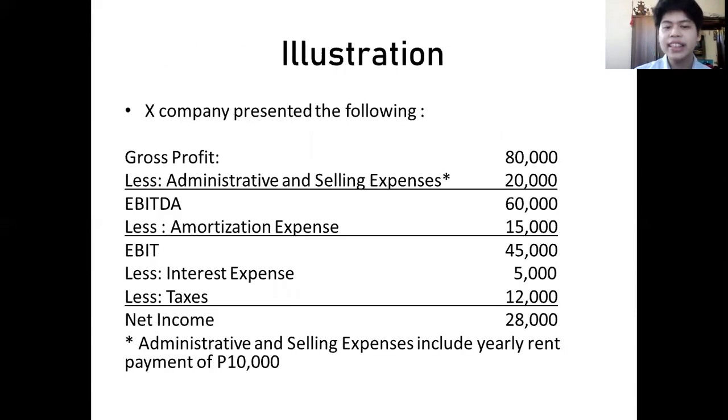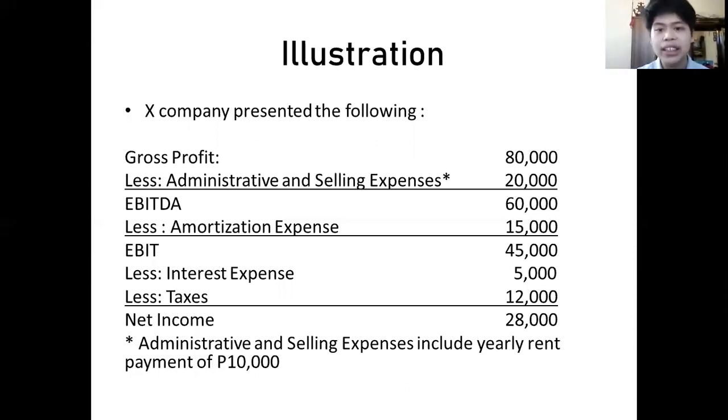Okay, so let's now have an illustration. X company presented the following. Okay, so tingnan nyo. Gross profit less administrative and selling expenses of 20,000. So our EBITDA, so earnings before interest, taxes, depreciation, and amortization is 60,000 pesos.